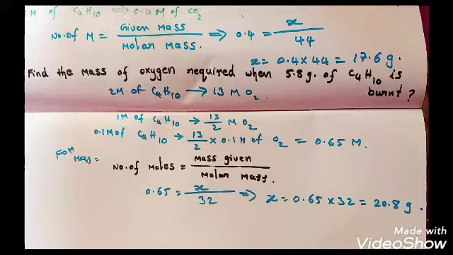So students, if you want the x value, then 0.65 into 32, if you do the calculation like this, the final answer you should get is 20.8 grams. So this is the answer: the mass of oxygen required when 5.8 grams of butane is burnt.